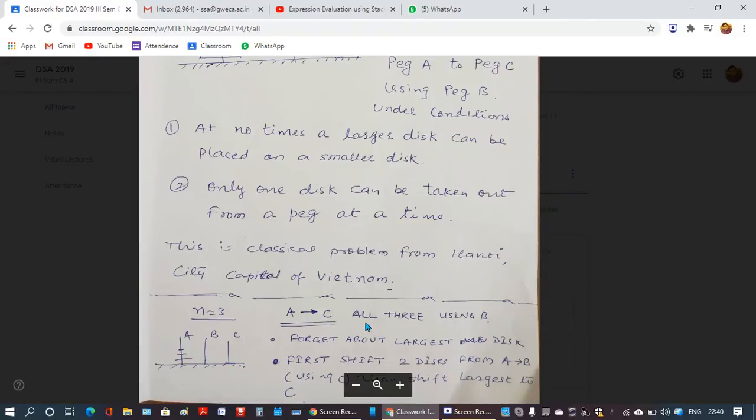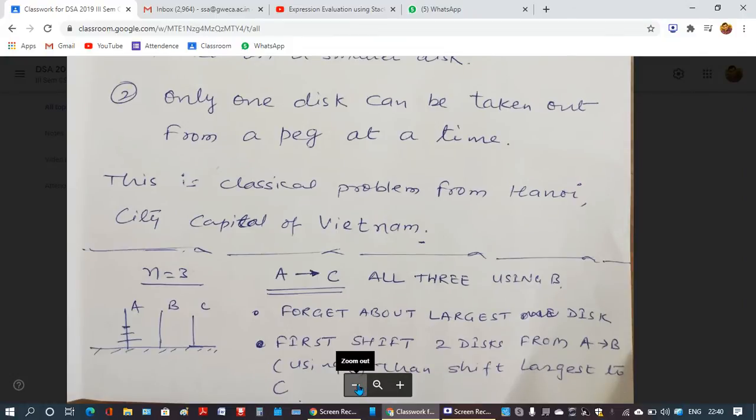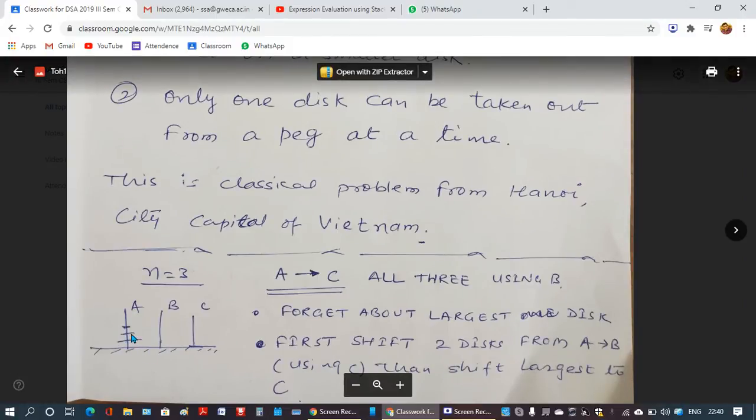Now let us see the solution. So here I have taken a problem where n is equal to 3. So a small problem, n equals 3 means there are only 3 disks, and we want to shift them to C using B. Now you see here that if you are somehow able to shift the top two disks to B using C, then you can directly shift this largest disk to C. So you have changed your target.